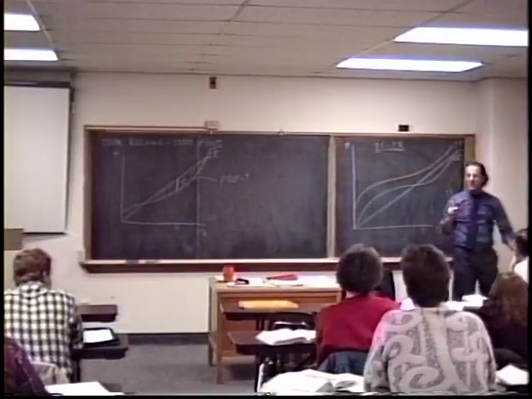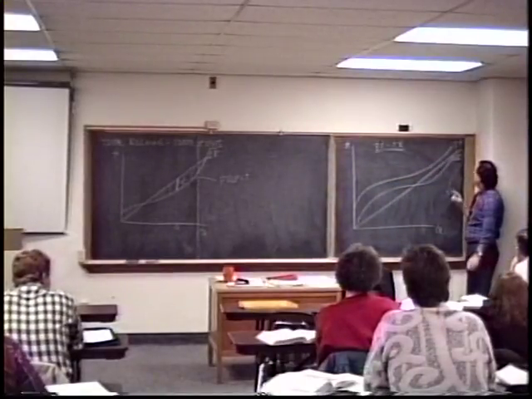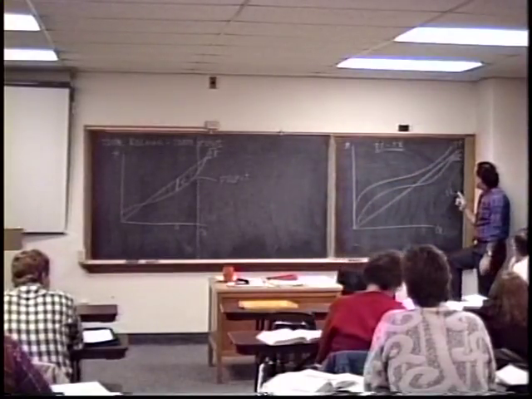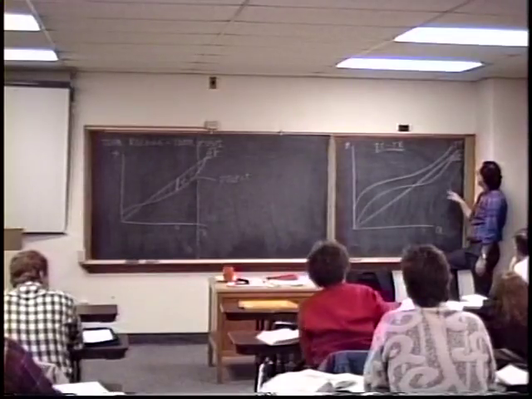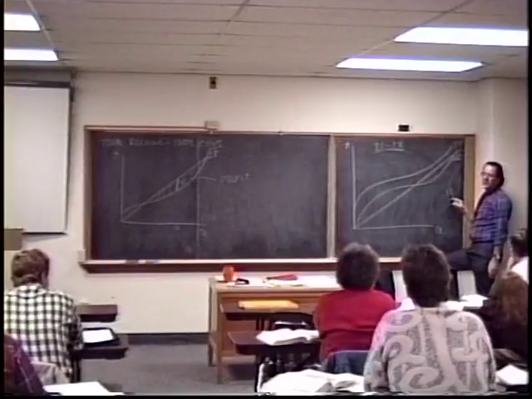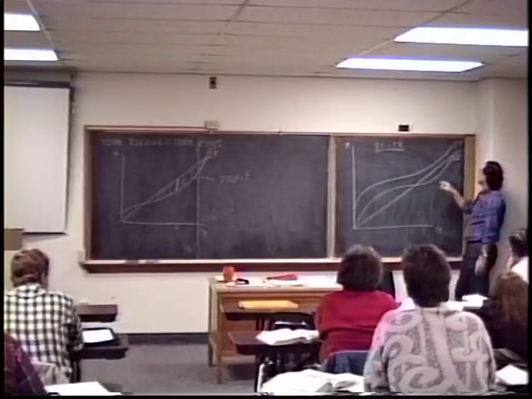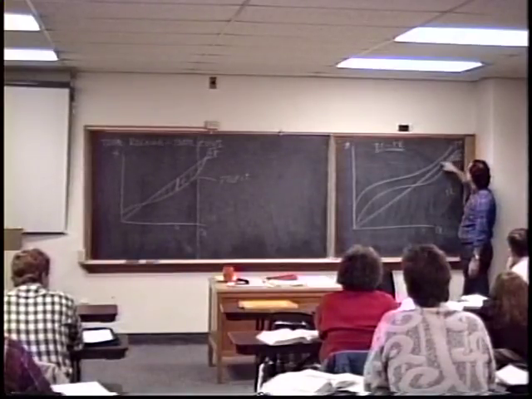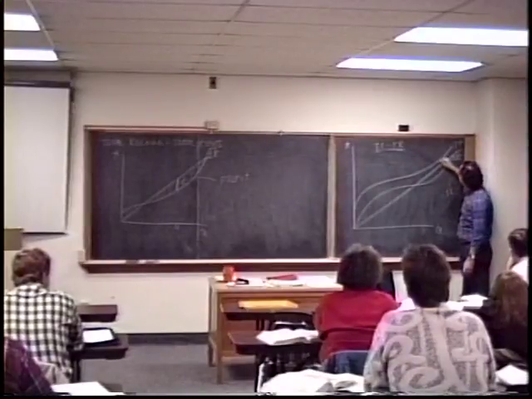The answer you gave me is correct, but I'd like you to approach it from a different way. It's not that you're looking for the greatest distance between variable cost and total revenue. What are you really looking for? Okay, the smallest distance between total costs and total revenue, the smallest vertical distance.